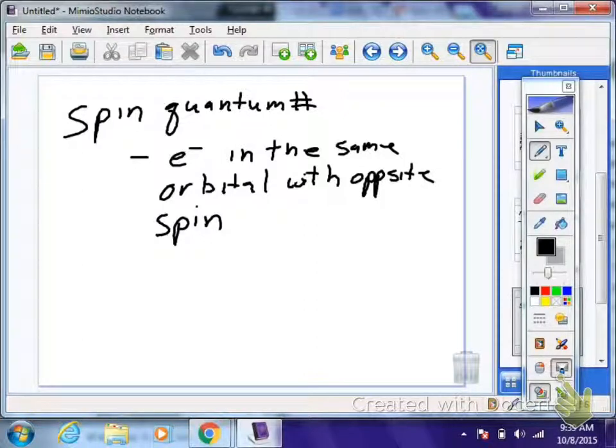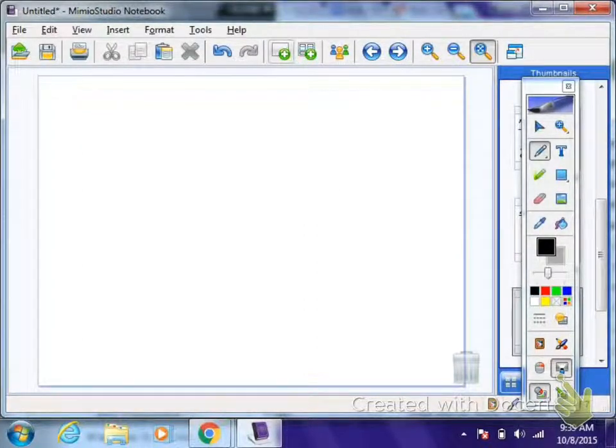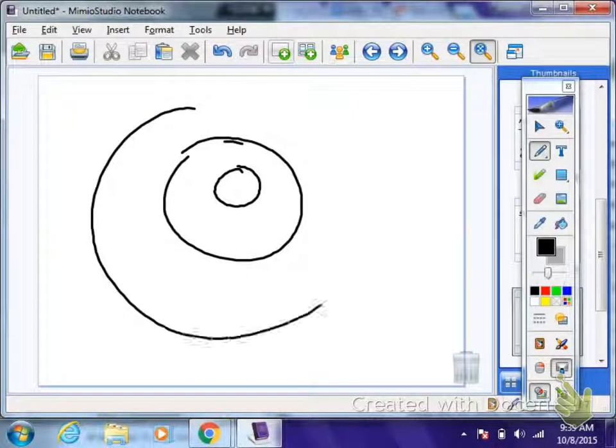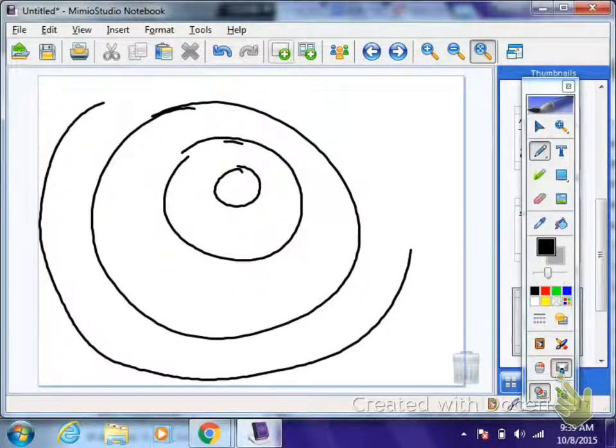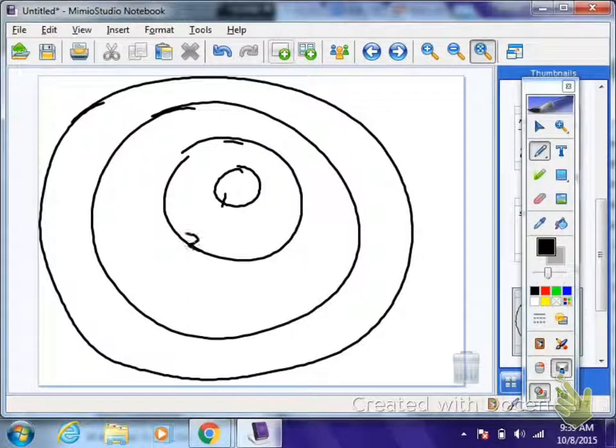So, let's just take a look at, real quick, just some information, kind of putting everything together. You don't have to draw this. What shapes are in the first shell? Or what subshells are in the first shell?